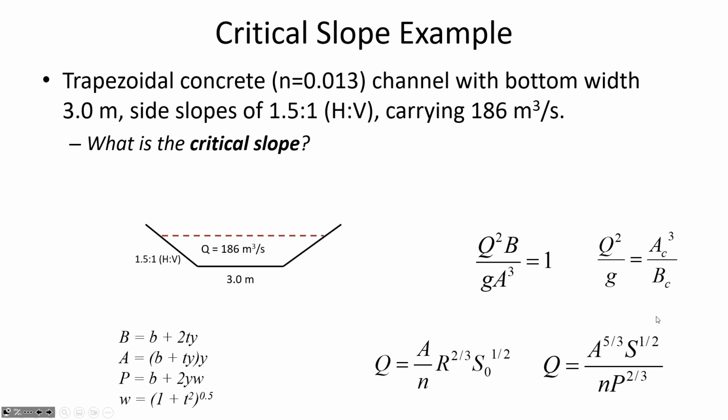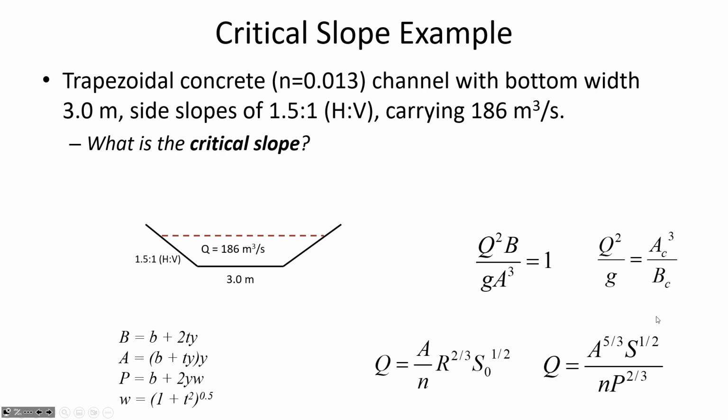So the wetted perimeter is the bottom width, B, 3 meters plus 2 times y. So the y that we've just calculated means the critical depth, 4.121 meters. And the W term that we calculated based on the side slope, 1.803. Okay, so then the wetted perimeter is 17.858 meters.